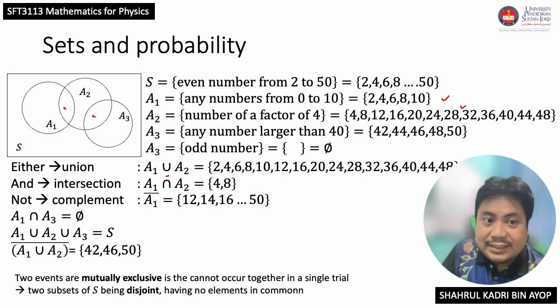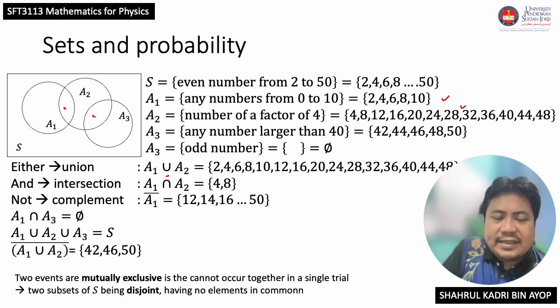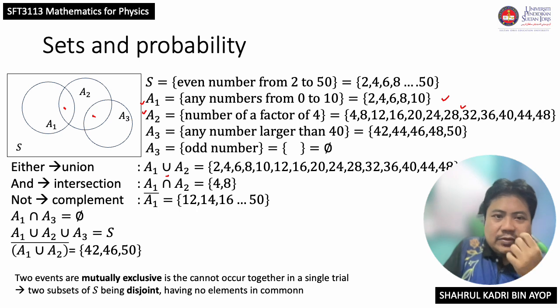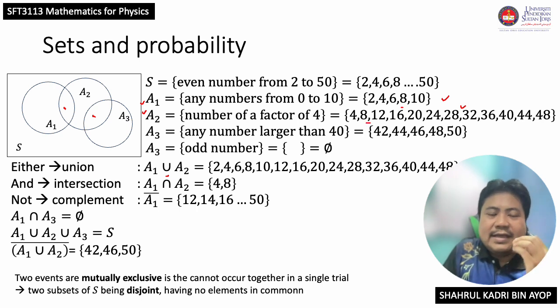Okay, and then A1 and A2 together means the elements which satisfy both A1 and A2, and we use the intersection. The elements which fulfill this requirement are only 4 and 8.